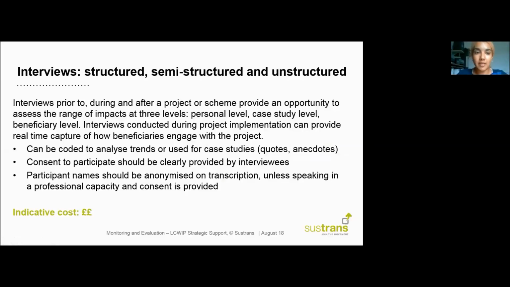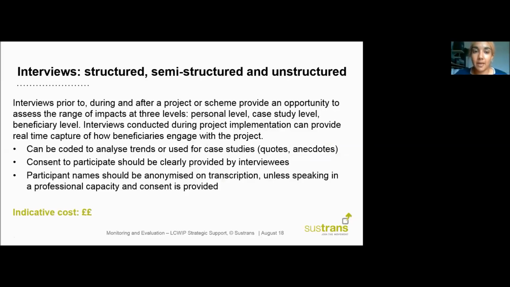Another qualitative technique that can be used is interviews. These can be either structured, so very formalized interviews with a set series of questions, semi-structured, so a series of questions but with some permissiveness in terms of having a wider discussion, or entirely unstructured, so open-ended seeking of feedback.